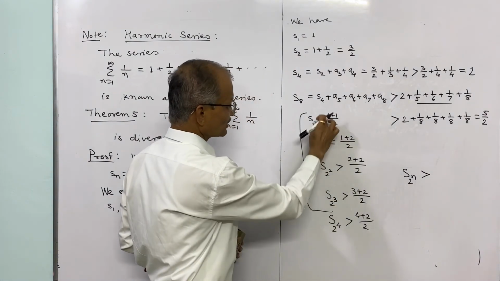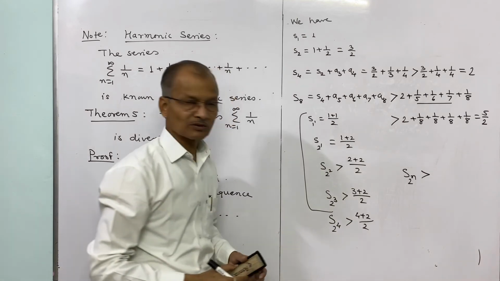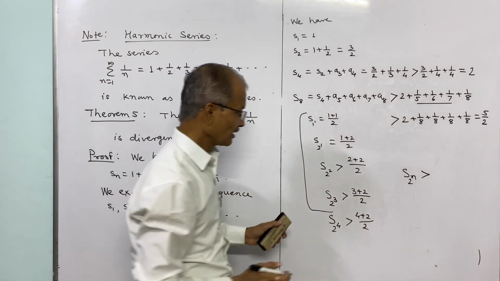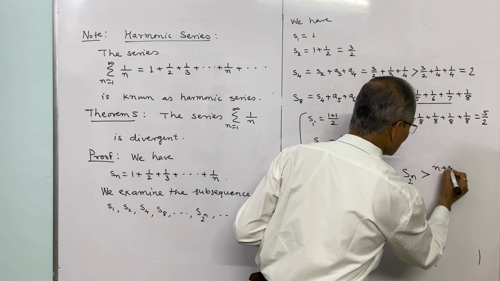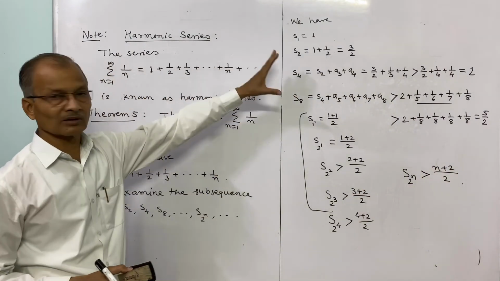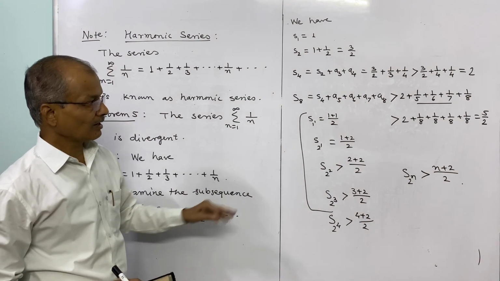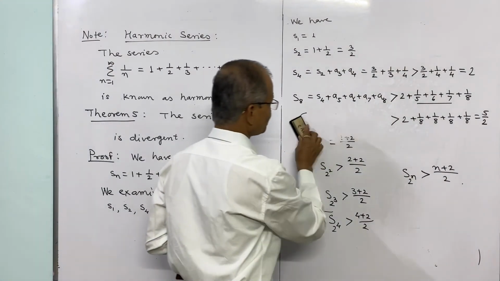Here these first two are equal but the next becomes greater, and therefore S2 power n will be greater than n plus 2 divided by 2. So this is the general relation for the comparison of the terms.